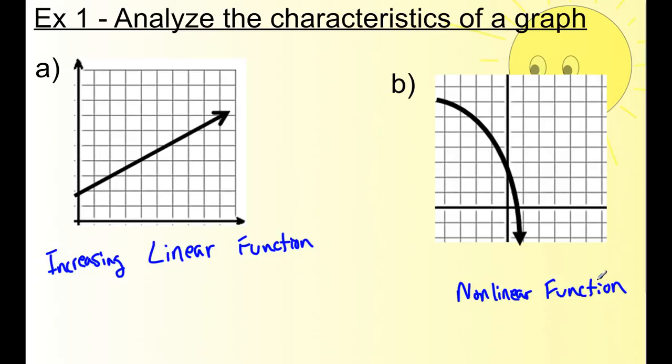Is it decreasing? Is it remaining constant? Again, is it going up, down, or slope of 0? Well, everywhere on this, it's decreasing. It's going down, down, down, down, down. So this is just a decreasing nonlinear function. So that's pretty simple. That's really the first half of the lesson.